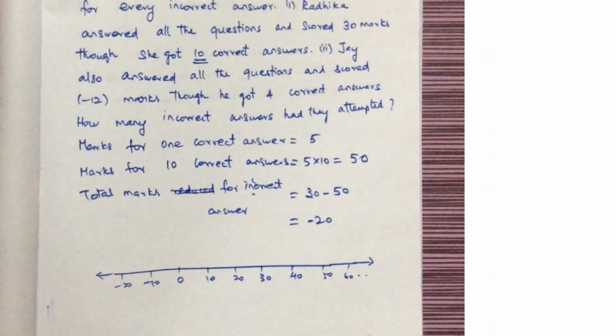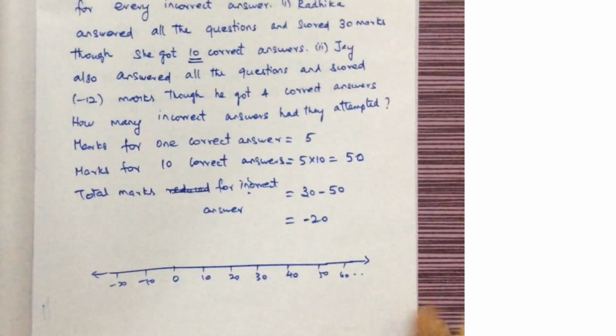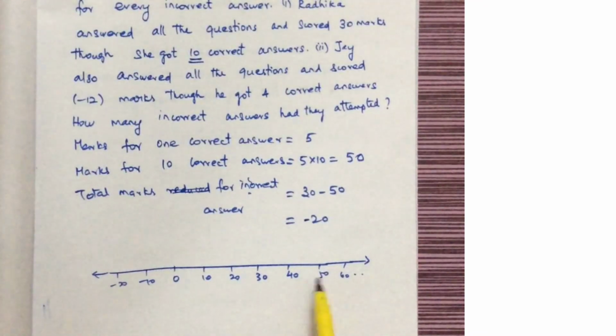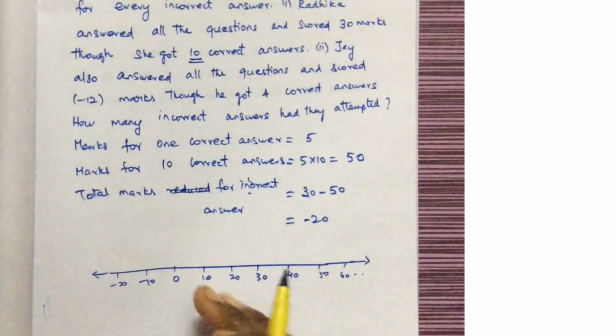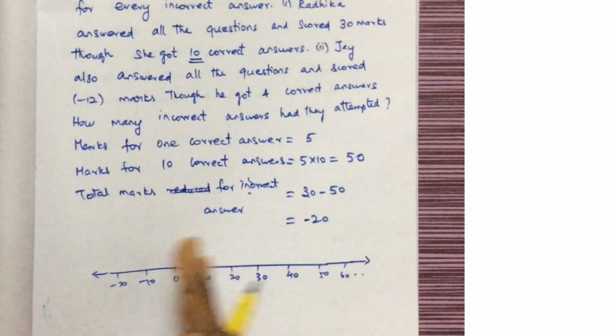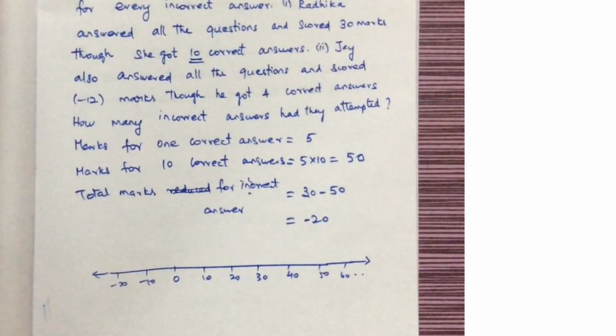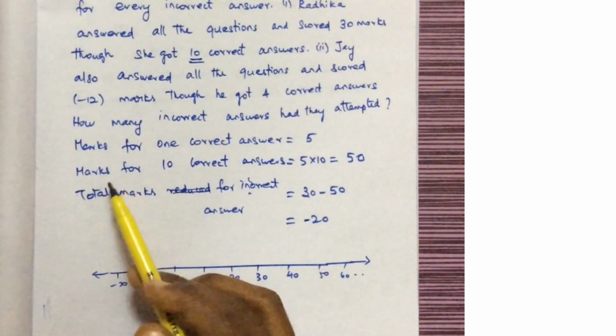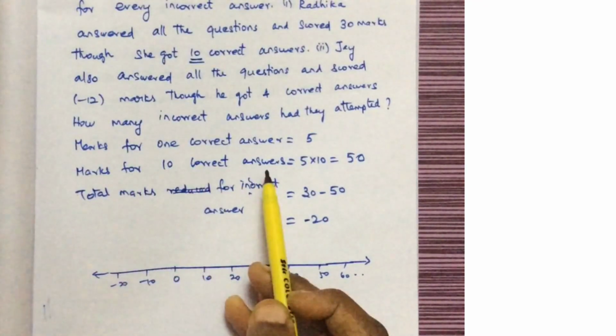Another way to understand this is with the number line. Here is 0, 10, 20, 30, and here it is minus 10, minus 20. Whenever it is a correct answer you have to increase, and for incorrect answers you have to decrease, going to the left.